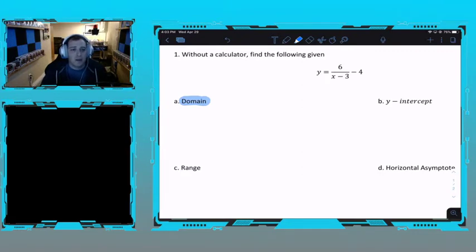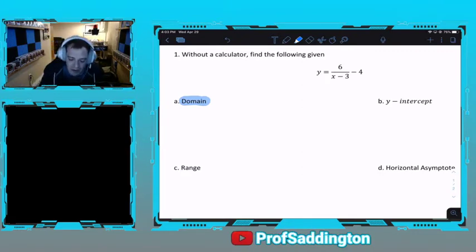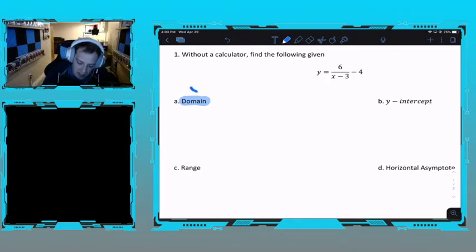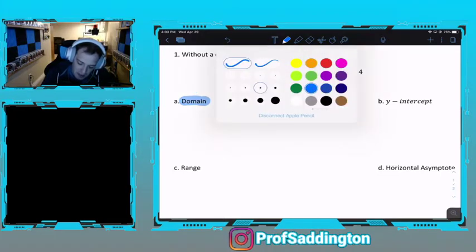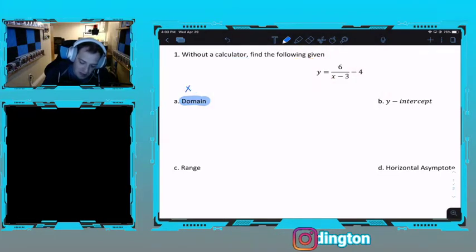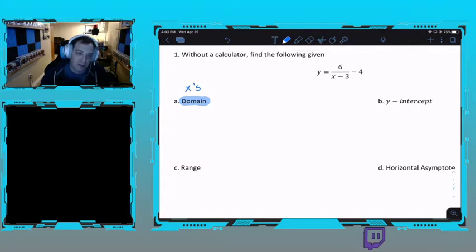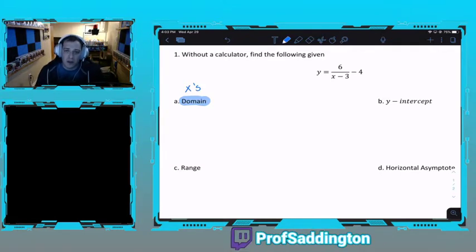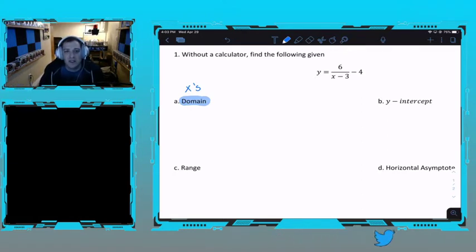And you guys may recall, we've been doing domain forever. Domain is just the x values. Actually, let me change the style. There we go. So these are the x's. So in order to find the domain, we're actually going to work backwards like we did in the past. Because there's a fraction involved, it's easier to find the x's that don't work first.